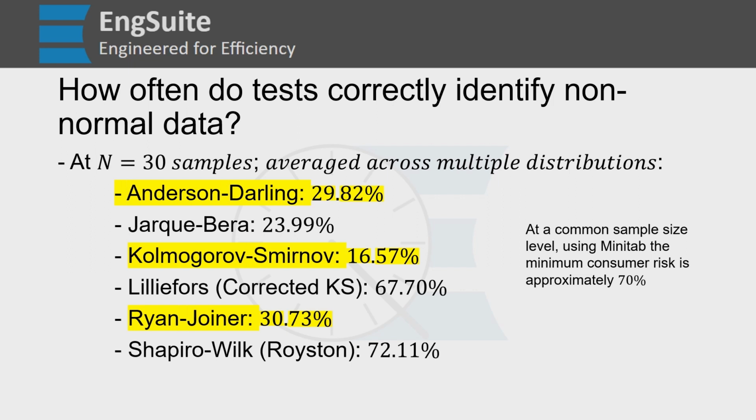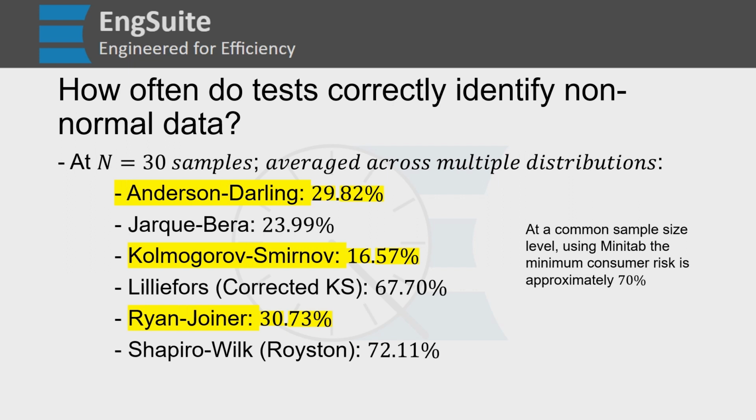But looking at this with the Lilliefors and the Shapiro-Wilk Royston approximation, we don't have to do a whole lot of work. All we have to do is switch up our test, and we can jump from a 30% power all the way up to a 72% power. To me, that's a no-brainer. 30% would be okay if none of them were that much higher.